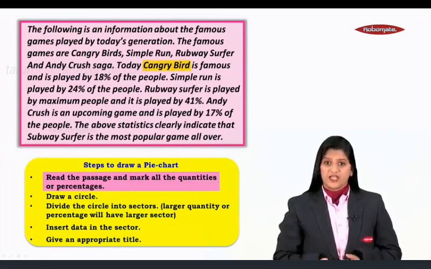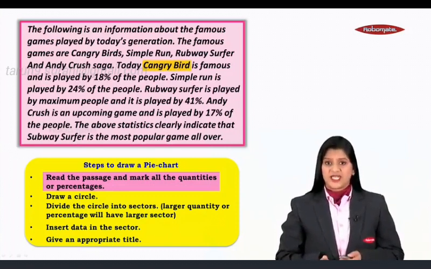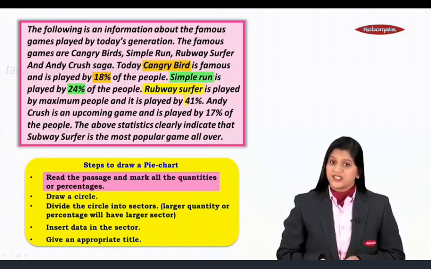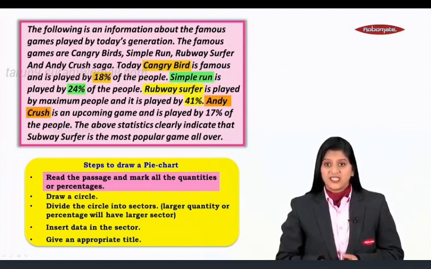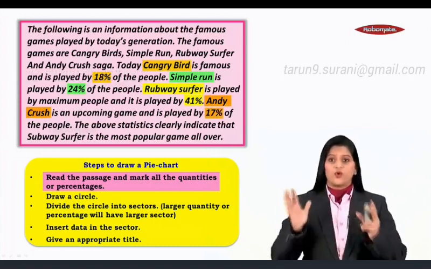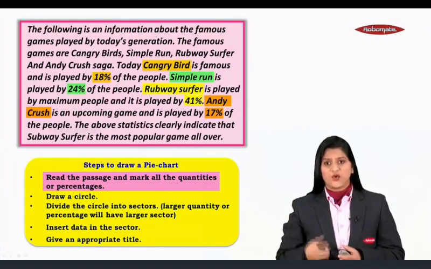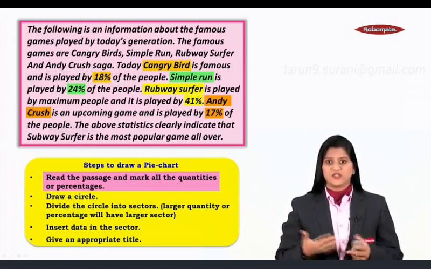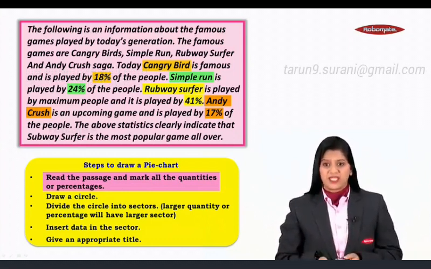In your paragraph, you have names like Angry Bird, 18%, Simple Run, 24%, Rubway Surfer, that is 41%, and Andy Crush, okay, 17%. Now, if you know what quantities are given to you of what things, for example, these are all famous games, and then these are percentages of people who prefer playing them.